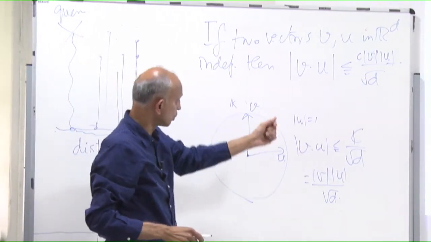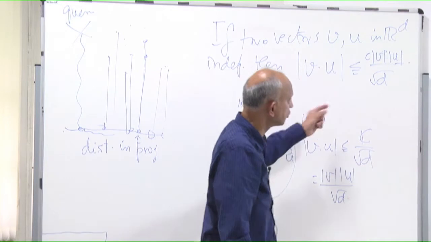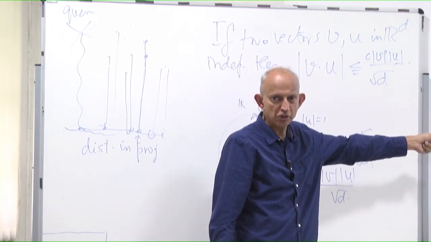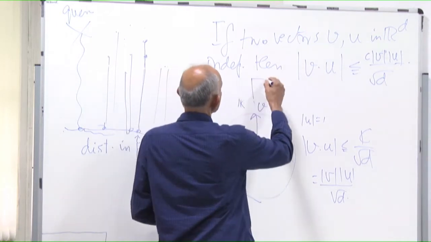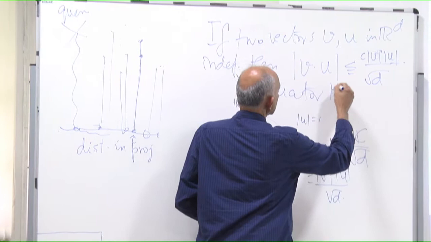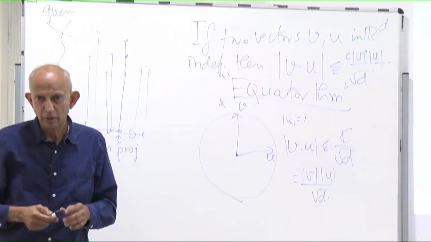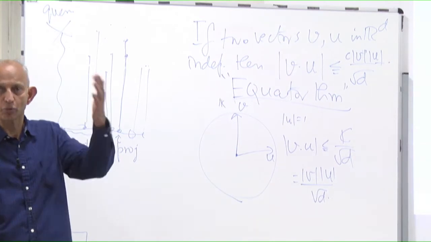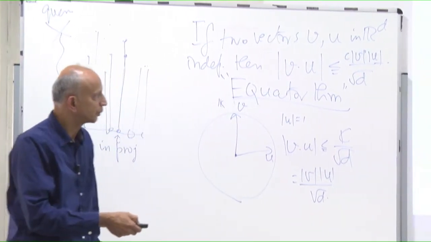So the dot product is 1 over root d times that. This was our equator theorem for spheres. We here argued for Gaussians, which is easier, but it's true for many distributions. So this is, if you will, the equator theorem. Okay, the dot product is roughly 1 over root d times what it would be for collinear. Okay, so that's true.